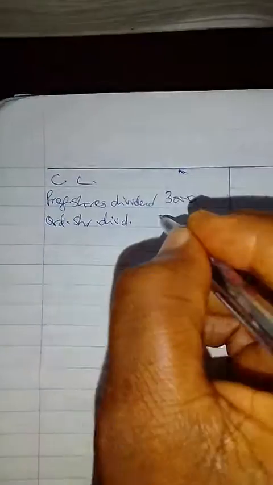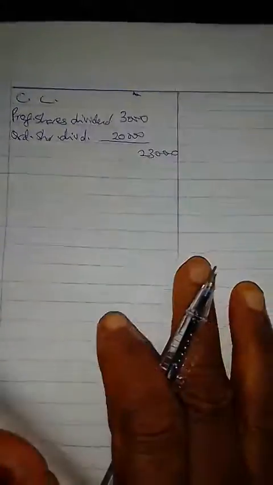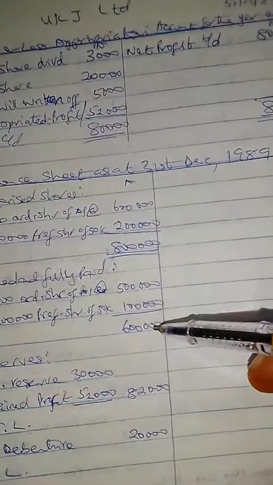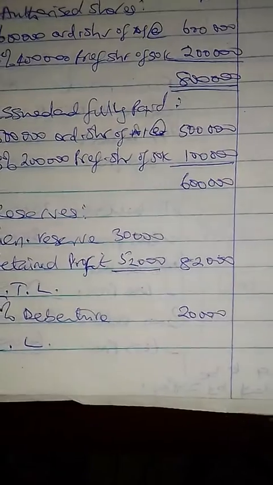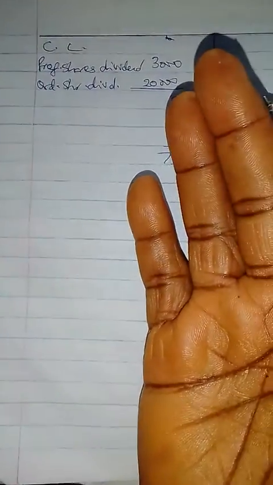Then ordinary shares dividend of 20,000 naira. Everything gives us 23,000 naira. By the time you add up 600 plus 82 plus 20 plus 23, everything will give us 735,000 naira. That's for the liability side.